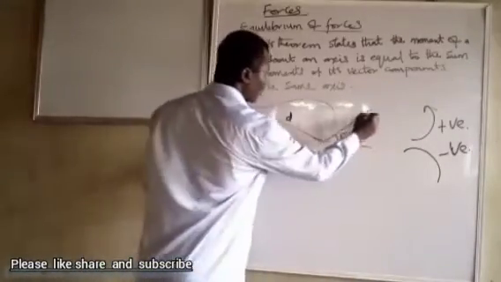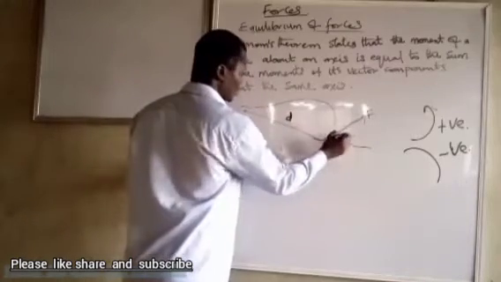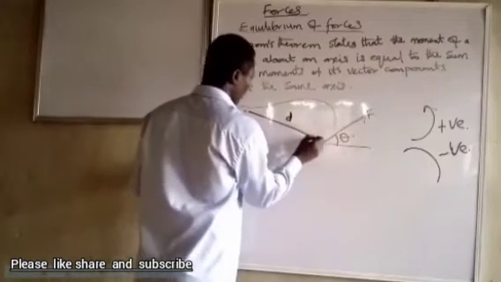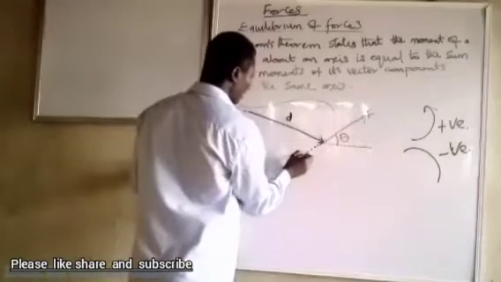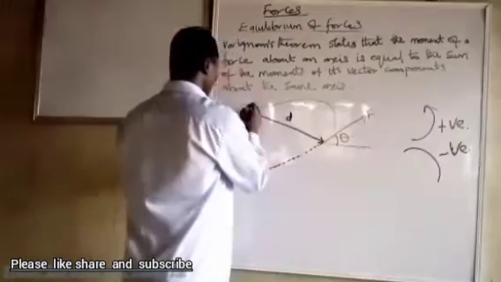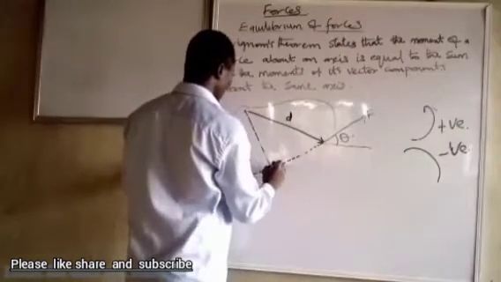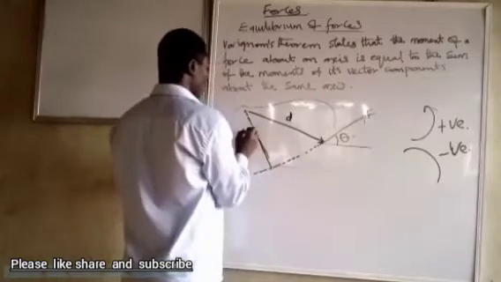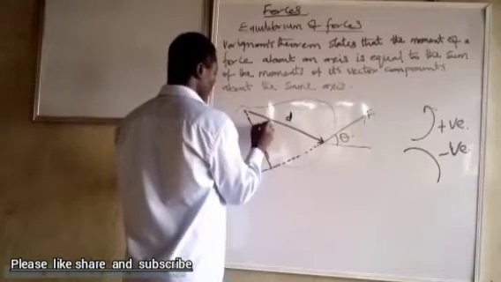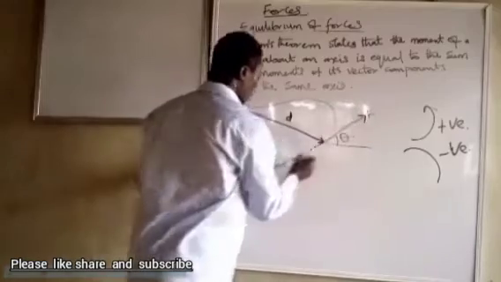Look at this now. If I want to break, let's say this is D, this is theta. The moment will actually be this. Let's call this one P. See, so this will be the moment.